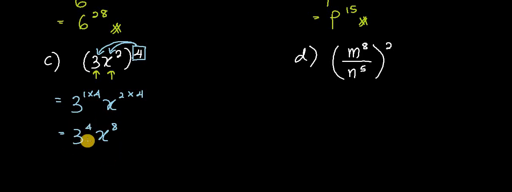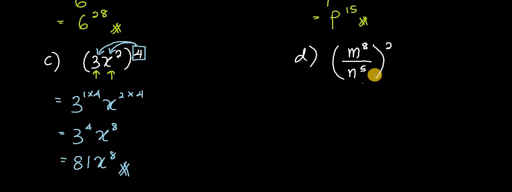You can solve it, the calculator will give you the answer as 81. And here you get x power 8. So this is completely simplified. So just remember, in the bracket, both items inside the bracket, you have to multiply the power with. This power 4, you have to multiply with 3, and you have to multiply with x squared.